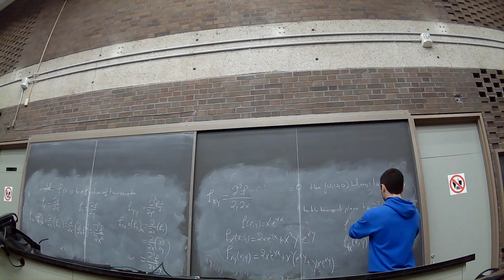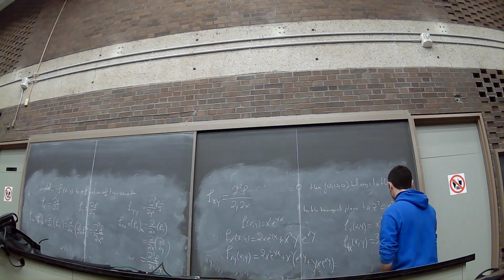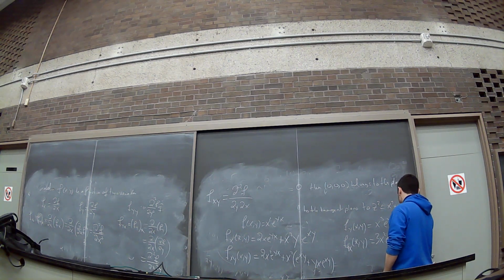Now let's see here. I differentiate with respect to y. What do I get? x cubed e to the yx. Now let me differentiate this with respect to x. So I get 3x squared e to the yx plus x cubed times the derivative of e to the yx with respect to x, which is y e to the yx.